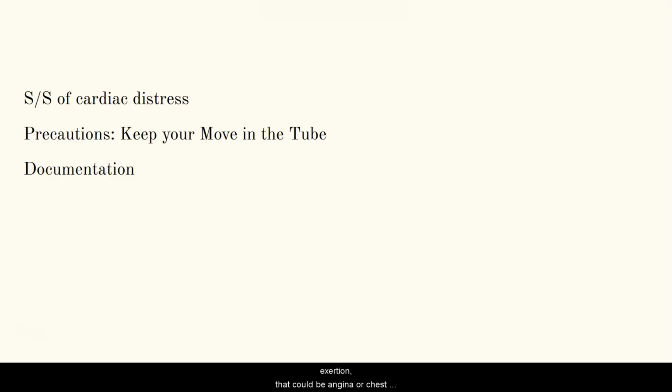That could be angina or chest pain. That could be increased heart rate, changes in blood pressure. For your cardiac client, precautions, sternal precautions, keep your move in the tube. We'll talk more about that in your intervention class, but that's part of your education with your cardiac client and considering how you're going to document all of that.